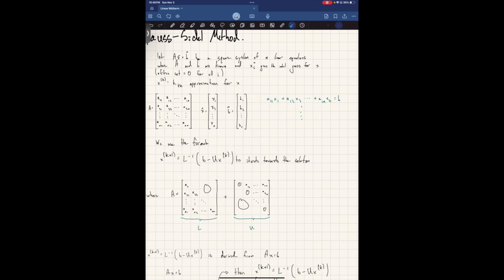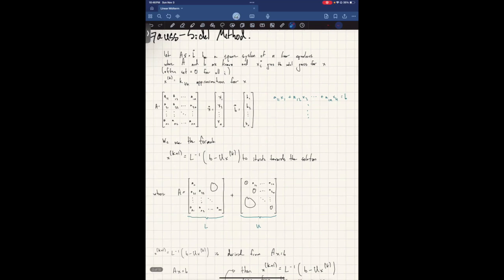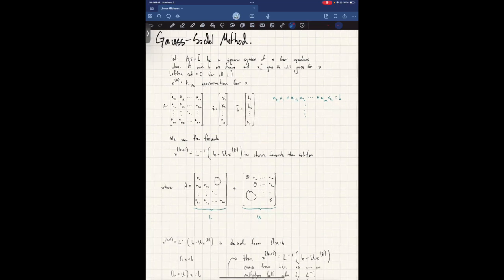And x0 gives the initial guess for x, and it's often just set to the zero vector, and it will be in the majority of my examples. And x^k is just given as the kth approximation for x, because these are iterative methods, and we are just iterating towards x when we converge.